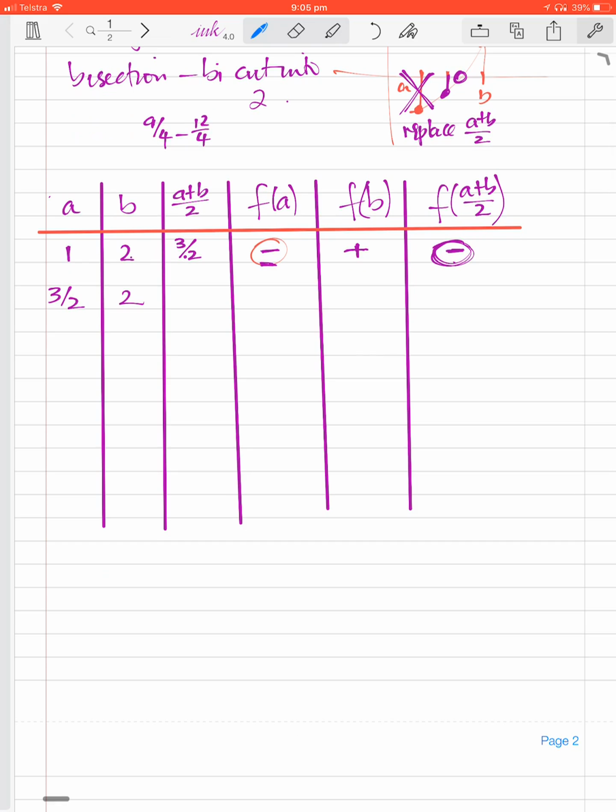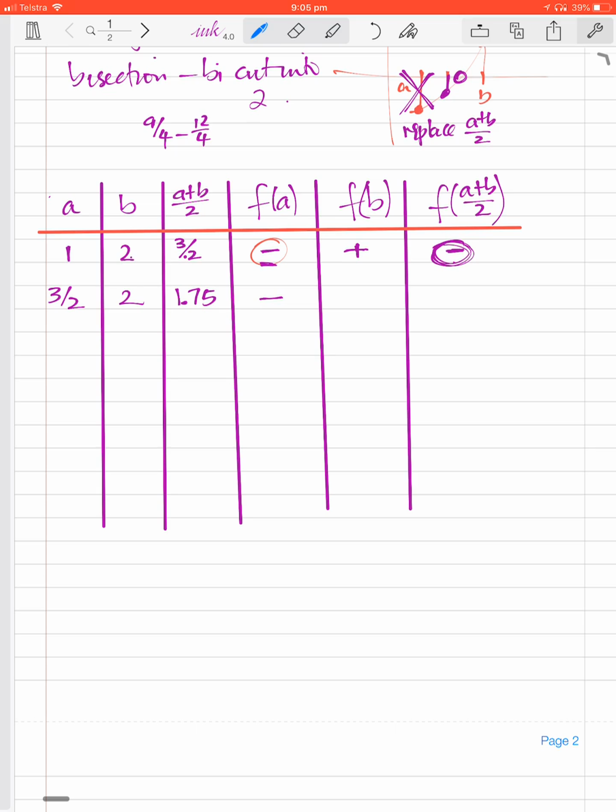Then everything else we've got to recalculate. So A plus B, 1.5 plus 2 is 3.5. When I divide that by 2, I'm going to say 1.75. And then we say f of A, well, we know f of A is negative because A is now A plus B on 2.